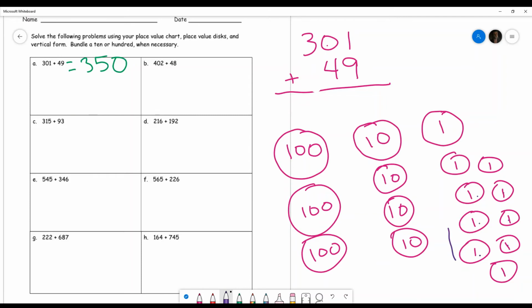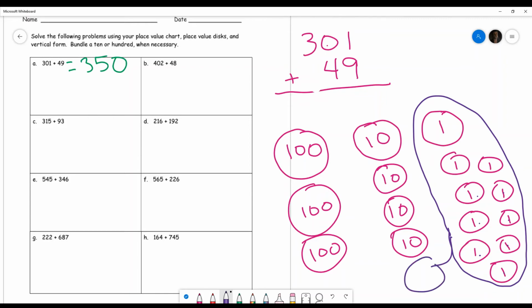Oh, look. I created a bundle of 10. So I'm going to add that over here. 1, 2, 3, 4, 5. 1, 2, 3. So that's how you would do place value discs.